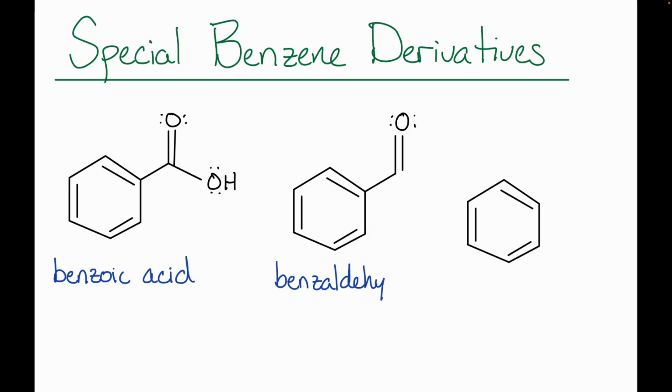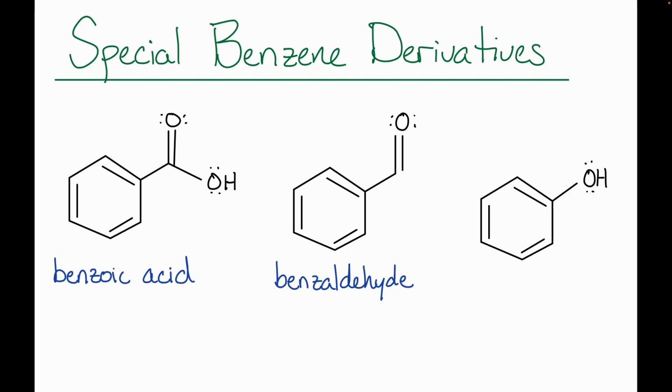All right, and then the next one here, we put an alcohol group, a hydroxyl group, on that ring. This molecule has its own special name. This molecule is phenol.